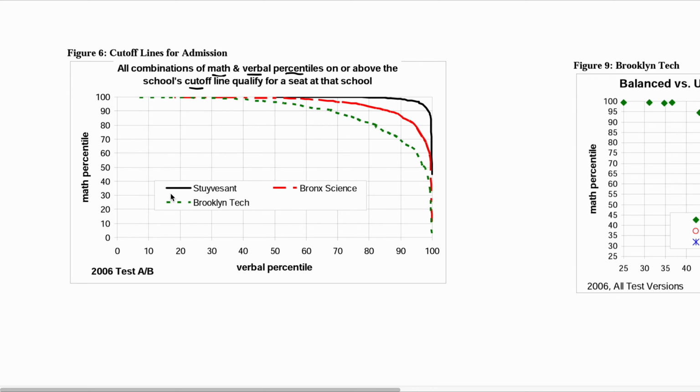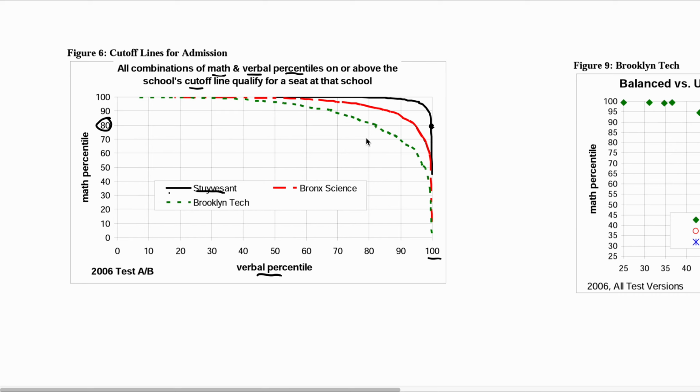So for example, if we look at this black line for Stuyvesant, if you score at the 100th percentile in verbal, and you score in the 80th percentile in math, then you would get in. That would be a qualifying score, right?